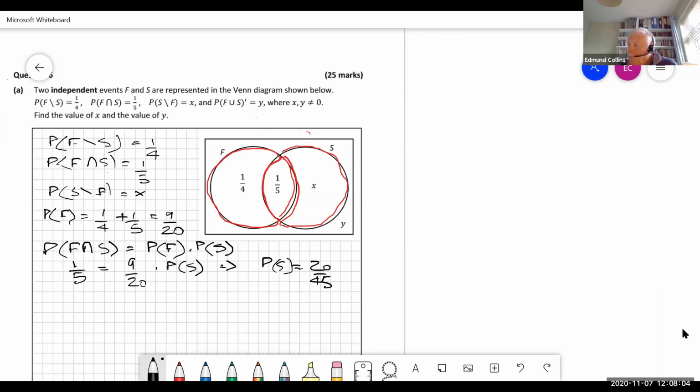But we also know that the probability of S is equal to X plus a fifth. So that's good news now.